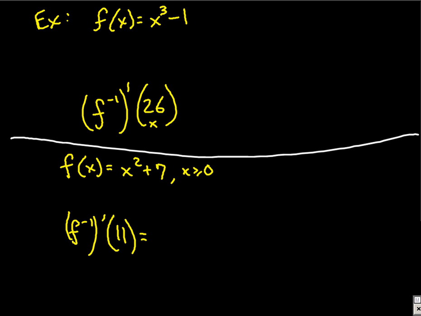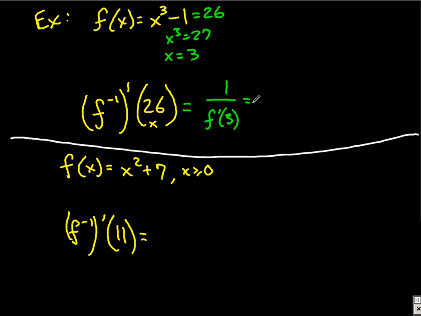Let's start with this top one, f of x equals x cubed minus 1. I want f inverse prime of 26. That's an x in this one, which means it's a y in my original function. I want to solve now for x. That means x cubed equals 27, or x equals 3. So this is the same as 1 over f prime of 3.